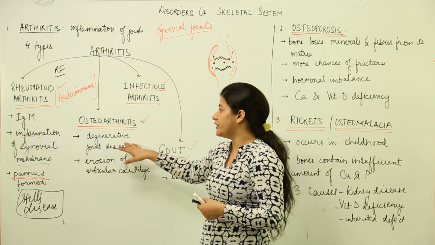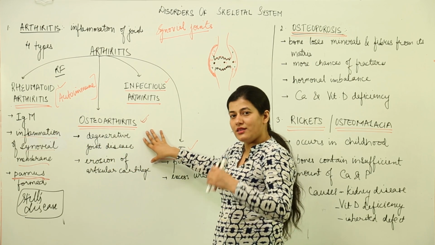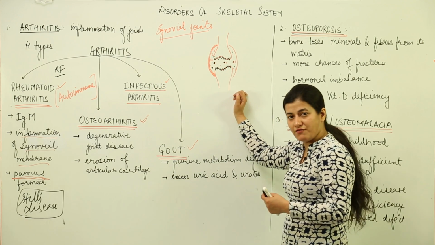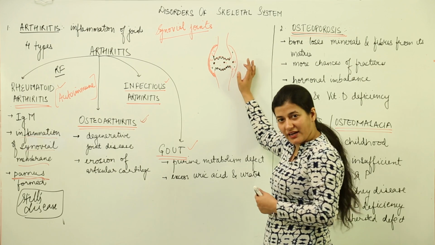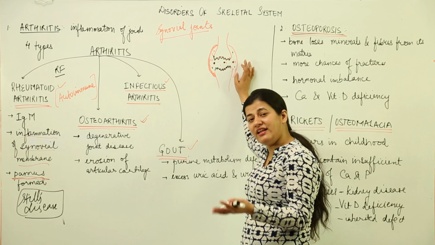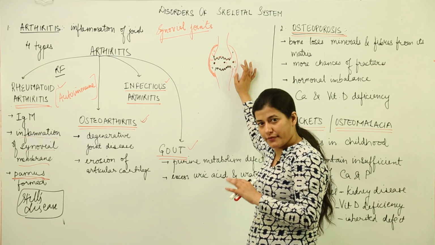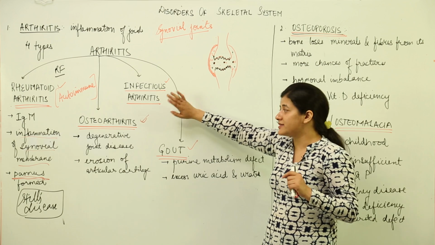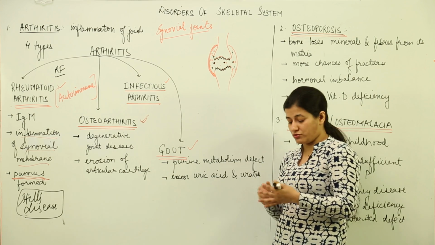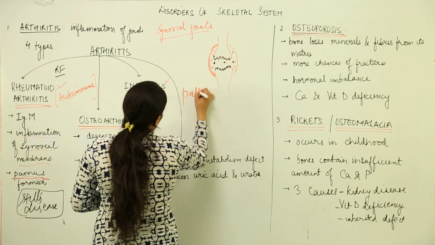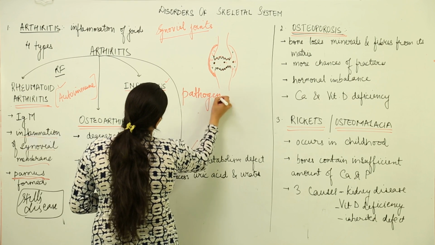It is the degenerative joint disease, again the same pain concept, but here there won't be any synovial membrane infection, only the articular membrane gets degenerated and eroded with time, with age, and then again there is pain in the joints. Alright, now the next one is infectious arthritis. Infectious arthritis, as the name suggests, would be occurring due to some sort of pathogen, whether it would be bacteria or it could be virus which is flowing in the blood stream.